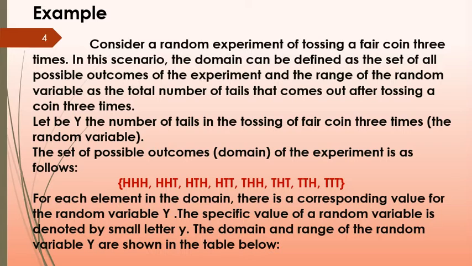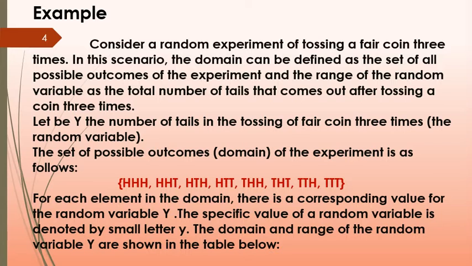You will get the values of y. So y would be the range. Here we will be looking at the number of tails, so the number of tails will be our range.